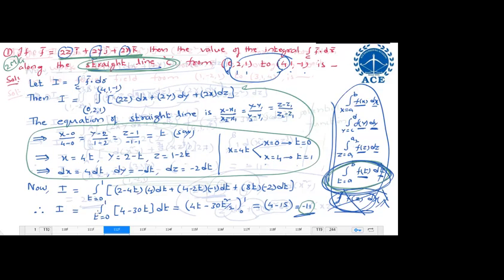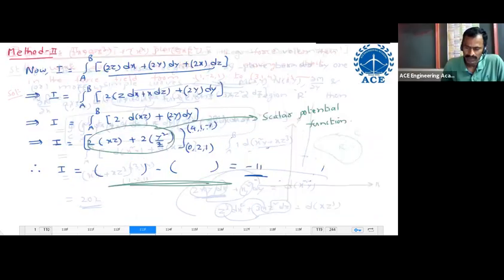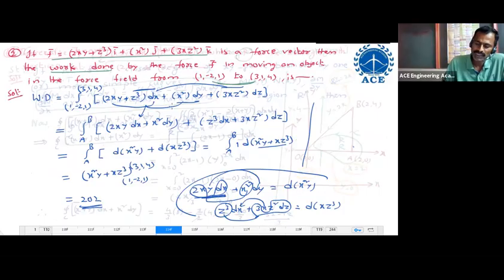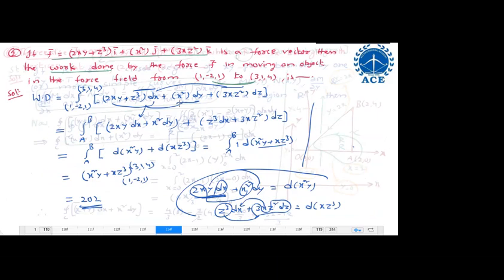And the next question, the second one, the direct integration. On what basis have you separated it, sir? By observation of the terms only, like observation of 2xy dx. Actually, here the equation of the curve is not given, so we cannot evaluate directly.